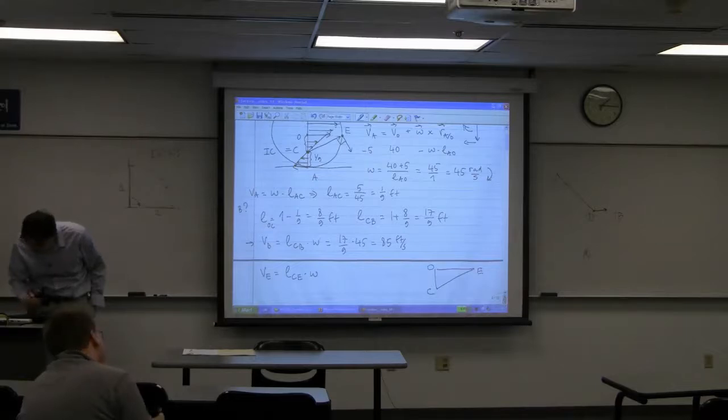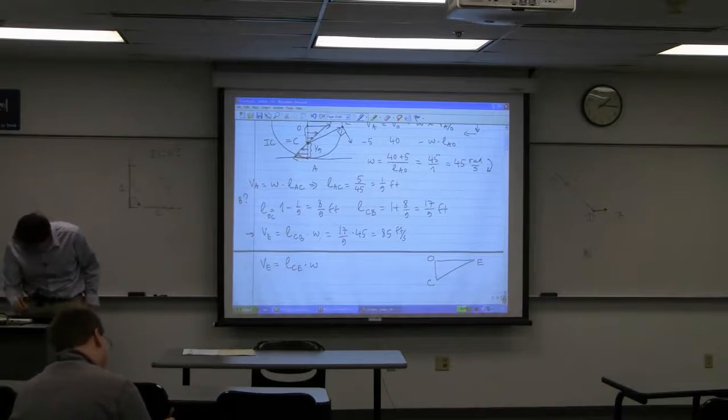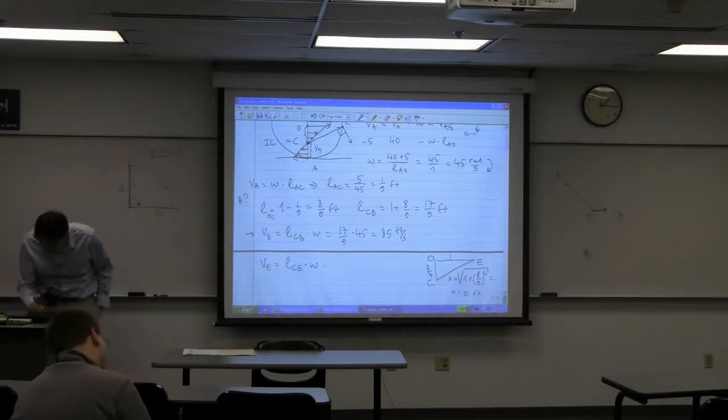So this is point O. I think I need one more second here. If this is 1, and this is 8 divided by 9, then x is equal to the square root of 1 plus 8 divided by 9 squared, and this is equal to 1.51 feet. So therefore we can multiply 1.51 by 45 radians per second. This will give us 60.2 feet per second.